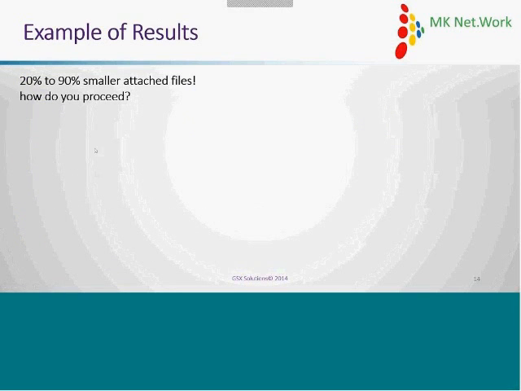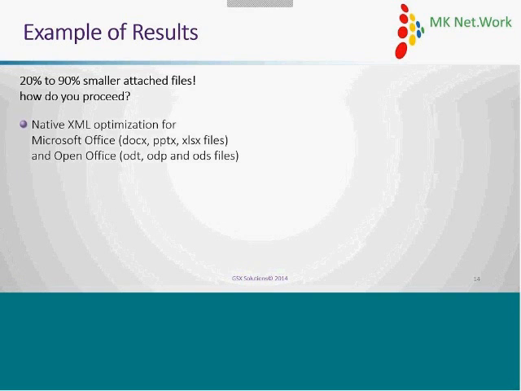So what about the results? Maybe before talking about results, what do we do with the attached files? In fact, we do different things based on the type of the files. With the most common files exchanged in your messaging and collaboration platform, like Microsoft Office files, DocX, PPTX, XLSX files, and OpenOffice files, we do what we call native XML optimization.